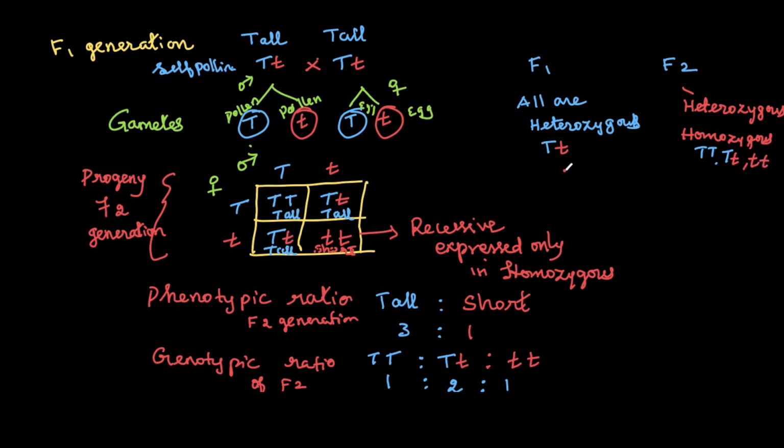Here in F1 all are dominant. So another difference we can say is that in F1 all are dominant, while in F2 dominant and recessive are also expressed. So you will get this question in the board exam: what is the difference between F1 generation and F2 generation?